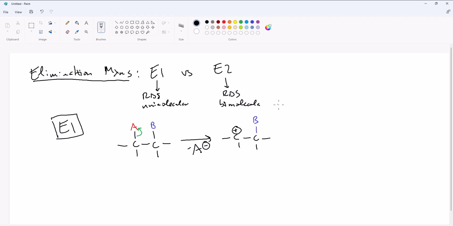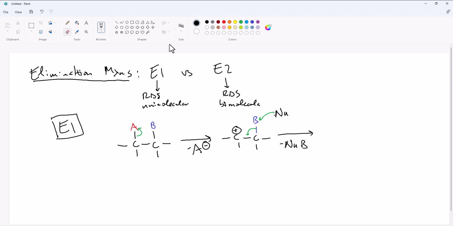Finally, in the second step, we will have some kind of nucleophile, whether it be a base or some kind of Lewis base, come in. It'll pluck off B. This bond will be pushed into the C-C single bond, forming a C-C double bond. We will lose the nucleophile-B, or B-Nu.